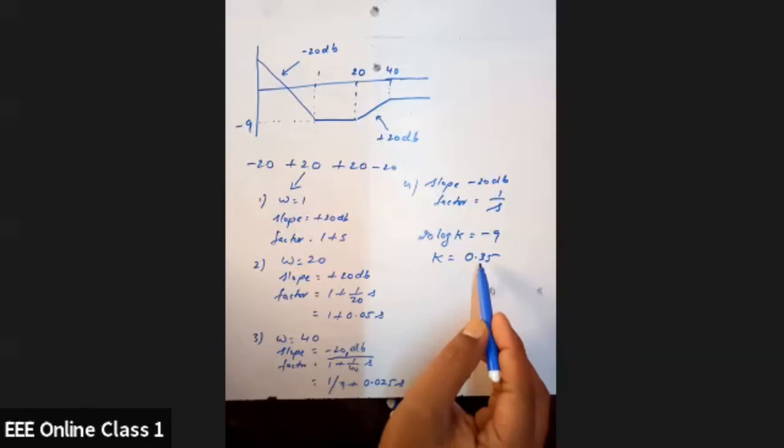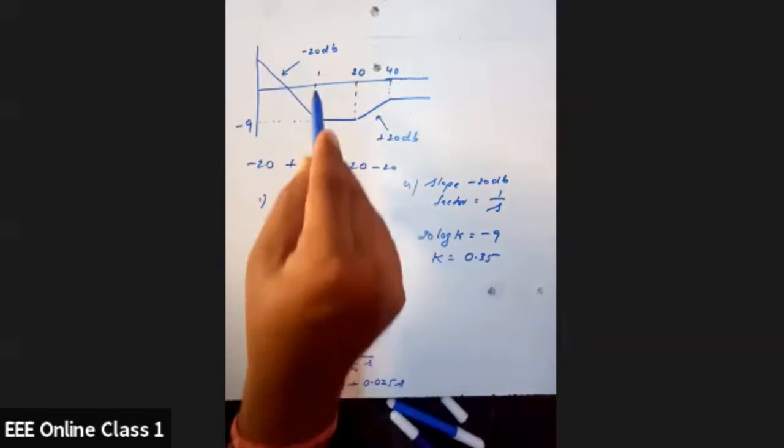K is less than 1, so our Bode plot has gone below this line.